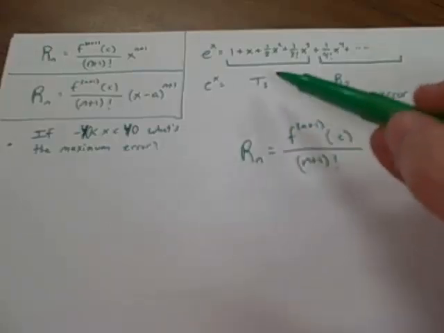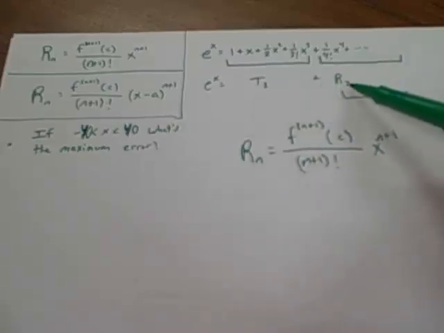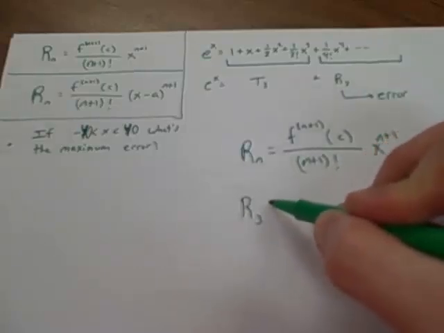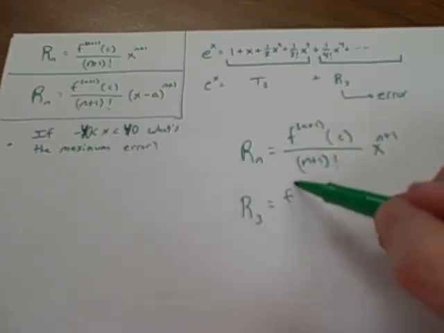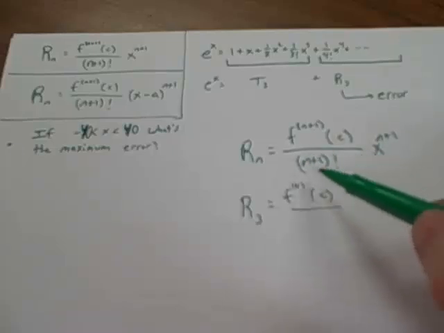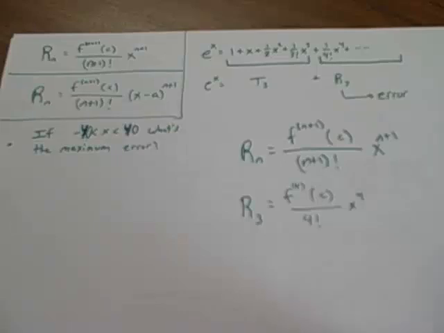So in our particular case, we're looking at the third degree Taylor polynomial. So our n value here is 3. So if I want to evaluate what is r sub 3, that's the same thing as the fourth derivative of your function evaluated at c divided by 4 factorial times x to the fourth.